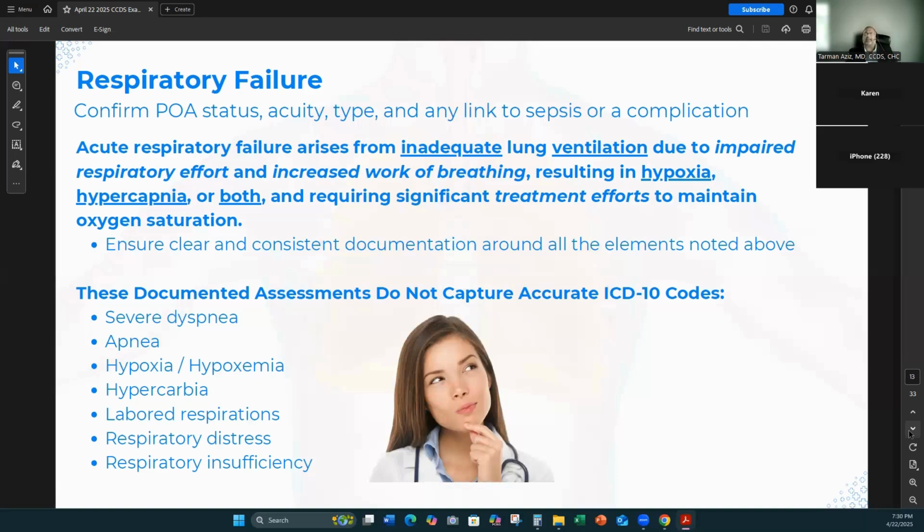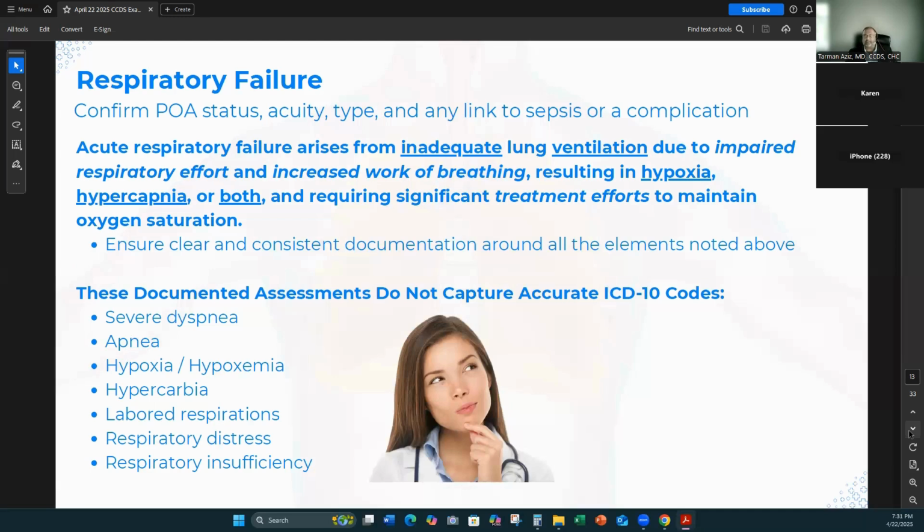Providers rarely link organ failure properly to sepsis, despite repeated education from CDI, from coding, from their clinical leaders, even from C-suite executives. So those types of pervasive problems with documentation are likely to be testable material.